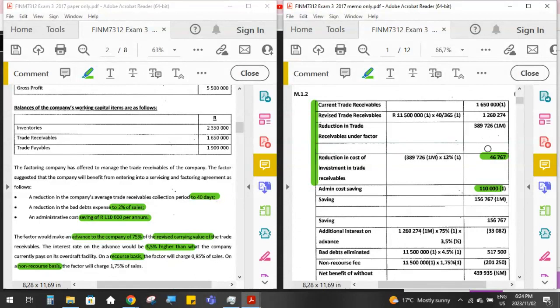I've taken the full savings and I've worked out 12% on that. So on the advanced amount, I will be paying not only 12%, but an additional 3.5%. So this here is then additional interest, not the total amount of interest on the advance. And that's cash out because that's an increased cost.